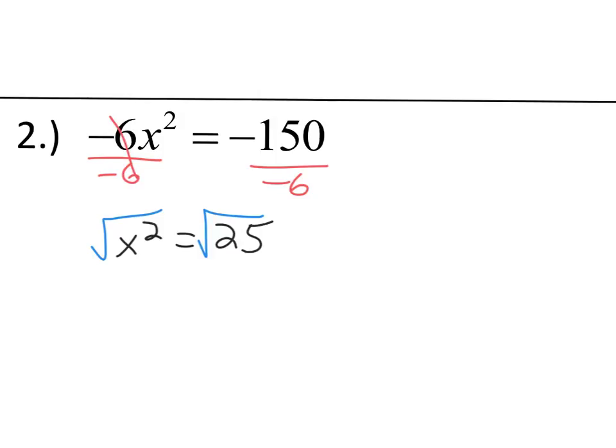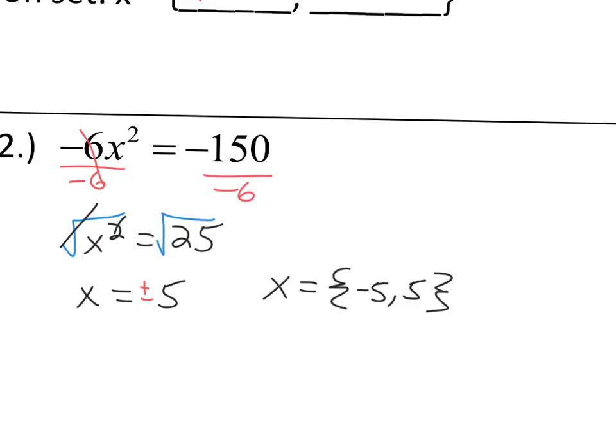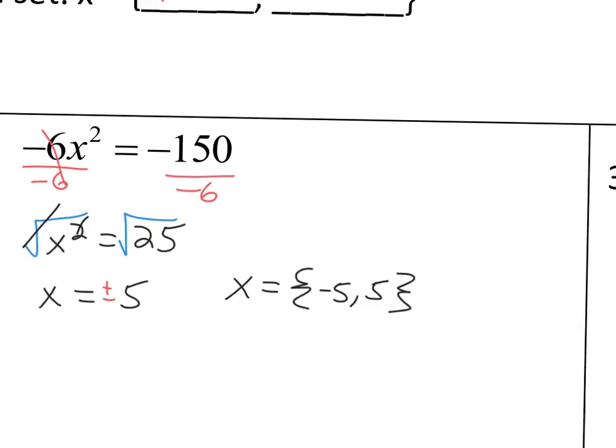Remember the square root and the squared cancel out, so now you have x equals, and then the square root of 25 is going to give you 5. And remember that is plus or minus 5. So your solution set is going to be x equals, fancy brackets, negative 5, comma, positive 5. Just like that. So you are going to get the same number using this method, one of them positive, one of them negative.